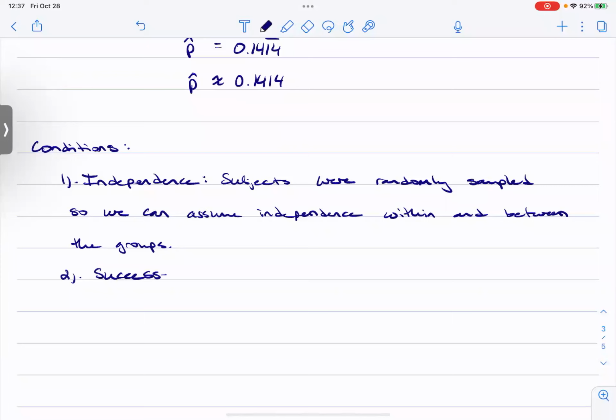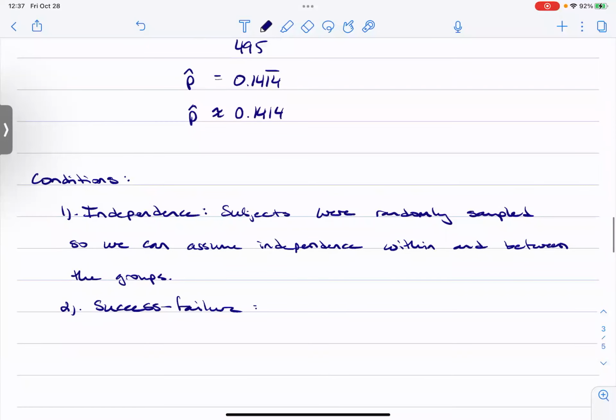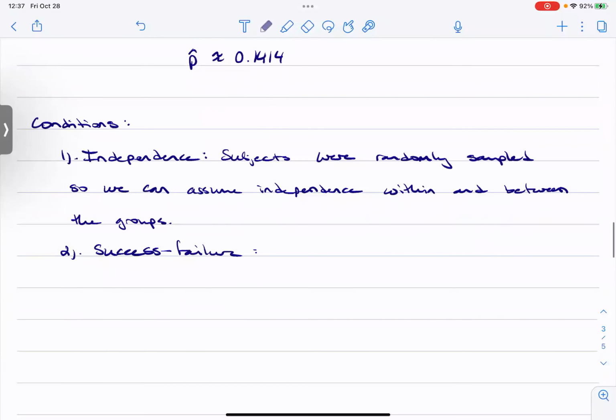The success-failure condition, we use this pooled proportion, right? 0.1414. But we still need to check both samples. n1 times p hat is 292 times 0.1414, which is 41.288, which is greater than or equal to 10.